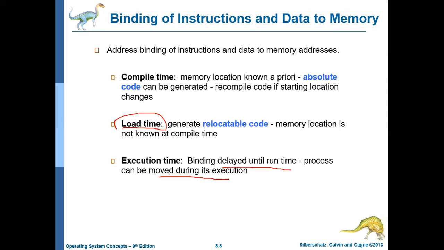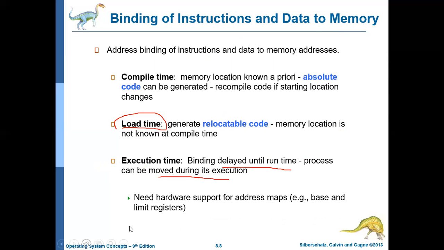If the process can be moved during execution, then the binding will happen only at execution time, that is, the actual absolute address will be known only during execution time. So these are the different types of binding of instructions and data to memory.